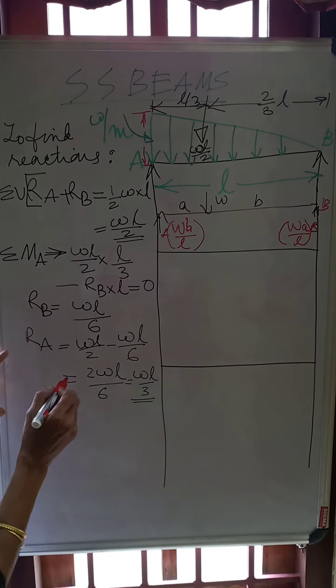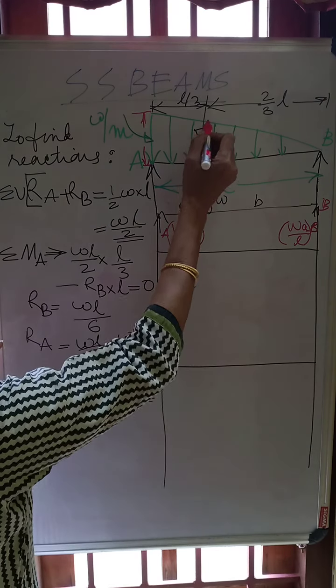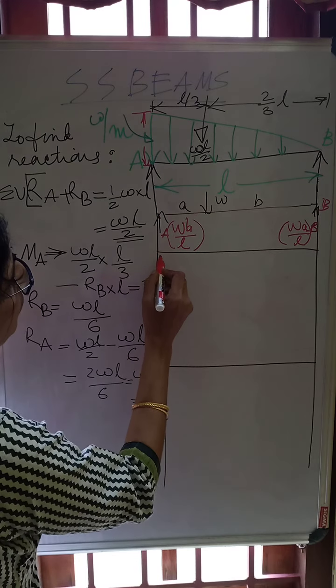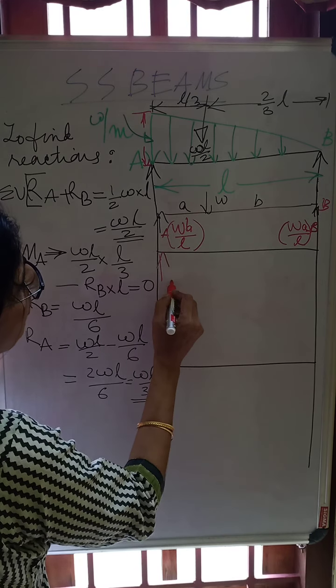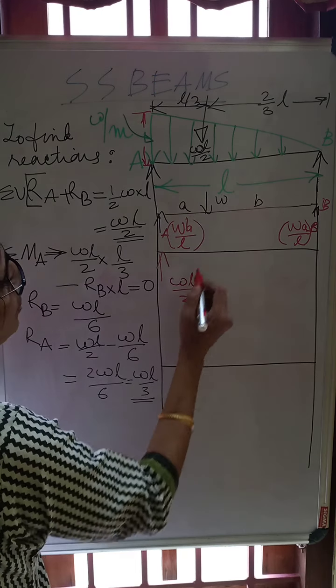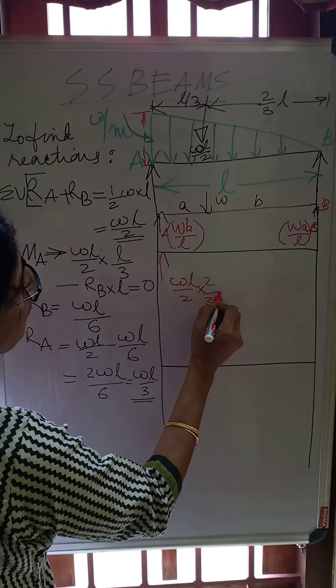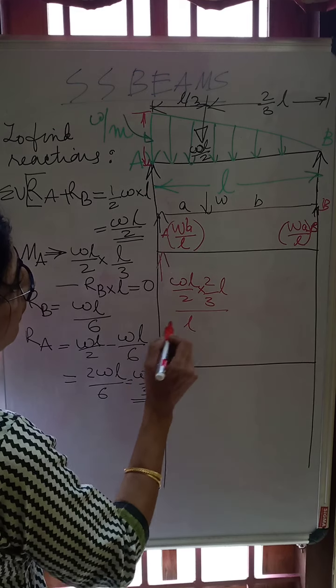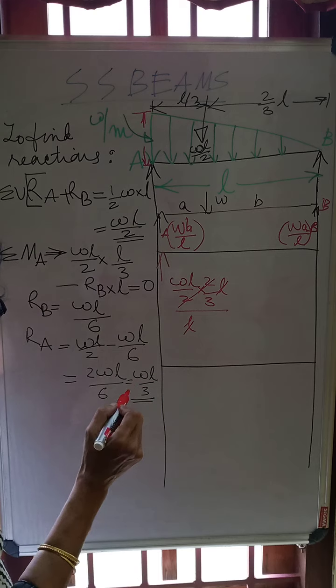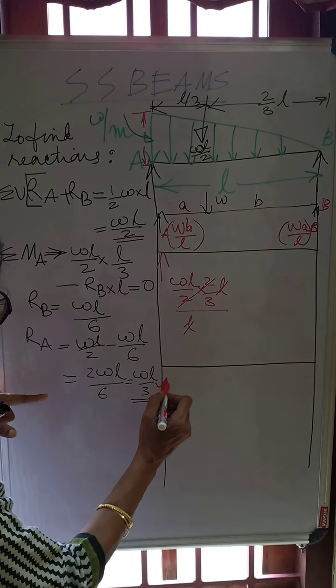So here also, this particular load is WL by 2. If you come to your problem, this reaction will be equal to the load into the other distance. This distance is 2 by 3 L, by L. So this L gets cancelled, and you will get WL by 3. That is your RA.